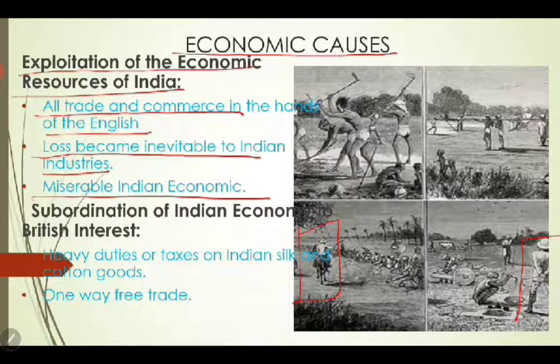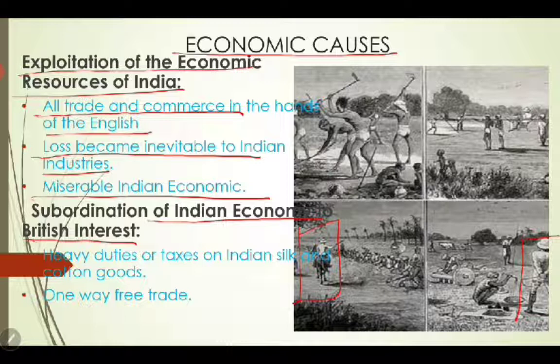Now, subordination of Indian economy to British interest. Whatever economic changes took place in India were according to the British actually. So, after the Industrial Revolution, the British wanted to use India as a supplier of raw material.